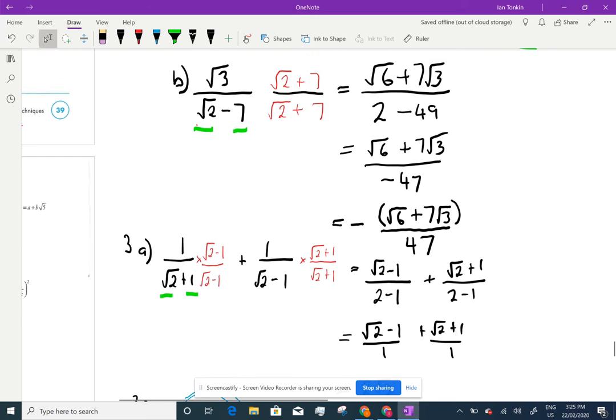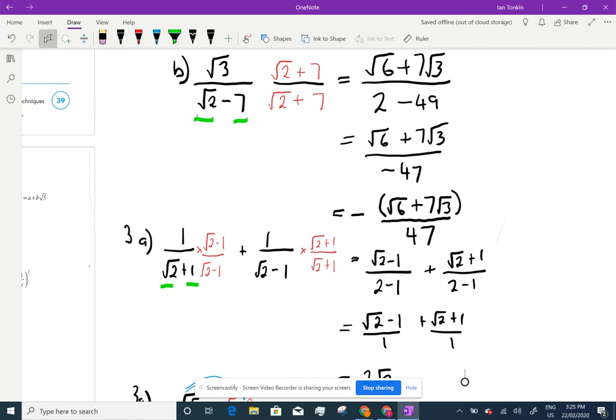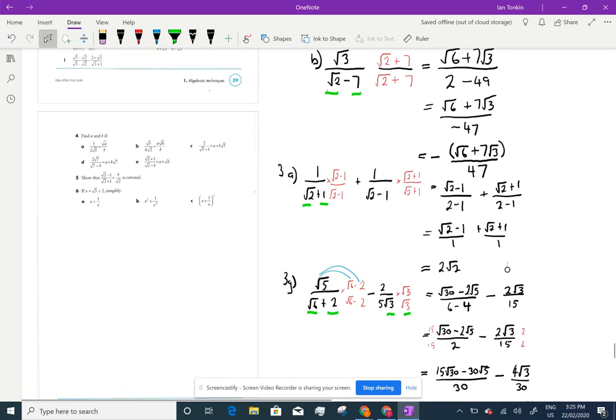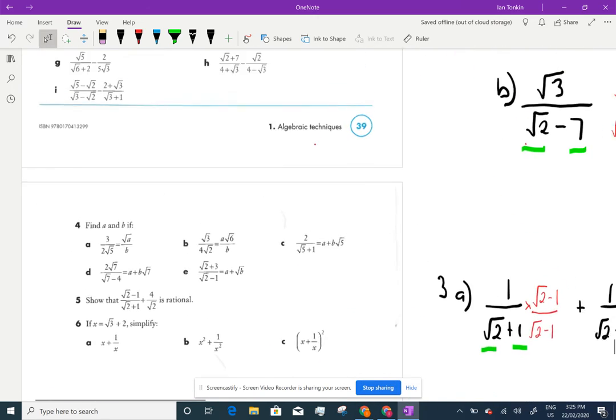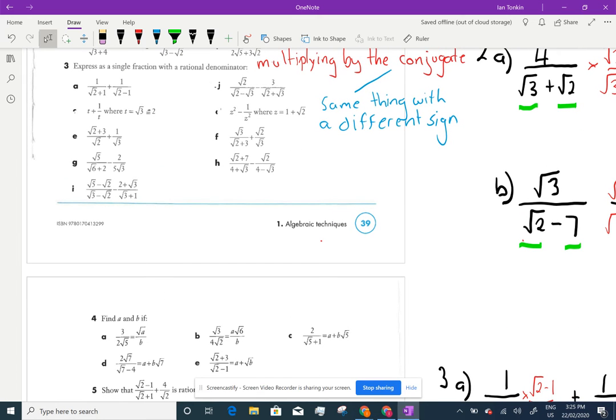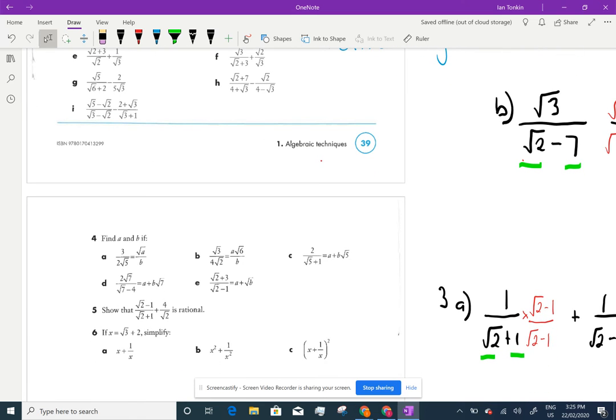Did do B, didn't I? 3B. A and G in question 3. The ones I really want you to do, I'm not too fussed about 5 and 6, but the ones I'd really like you to do are C, D, and E from question 4.